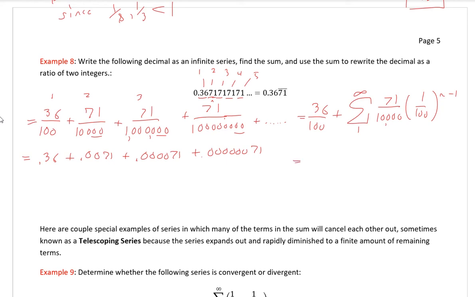Therefore, I can say that this 1 over 100 is less than 1, so we know that this converges by the geometric series, and what it converges to is 71 over 10,000 over 1 minus 1 over 100.